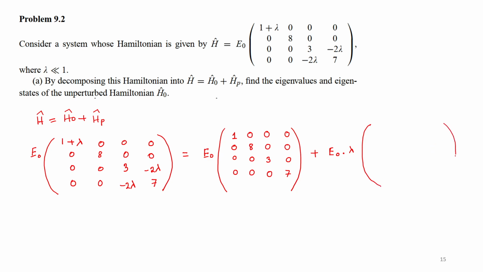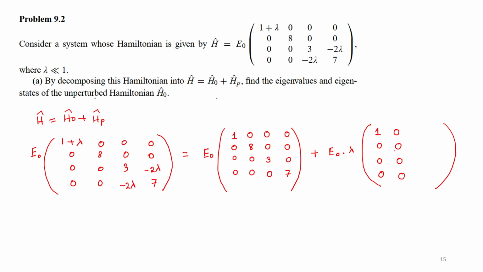I am going to get another matrix, right? Which is, I will get 1 here, 0, 0, 0; 0, 0, 0, 0.